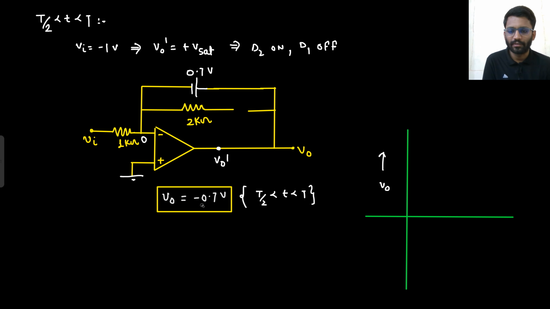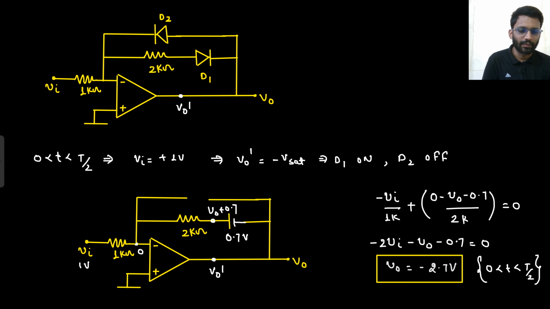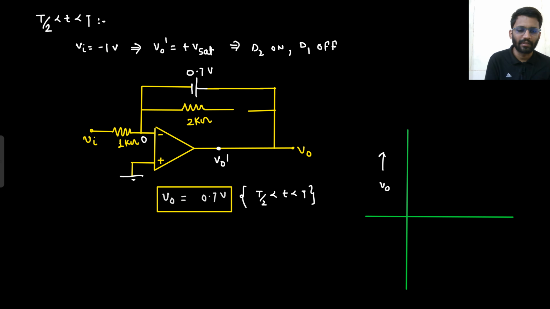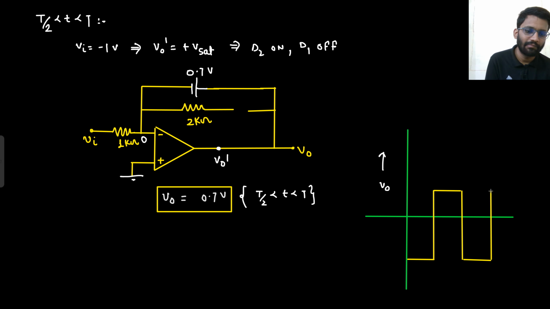So first it is minus 2.7, then plus 0.7. So minus 2.7 and then plus 0.7. First you are getting minus 2.7, then for the next cycle you will get plus 0.7, then you will get minus 2.7, then you will get plus 0.7, and so on.